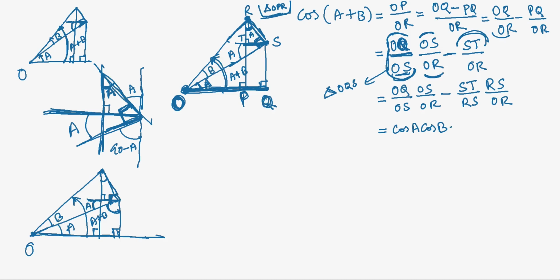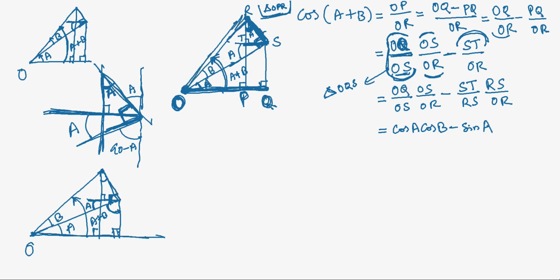Minus ST over RS will be sin A. Now look at RS over OR in this triangle.